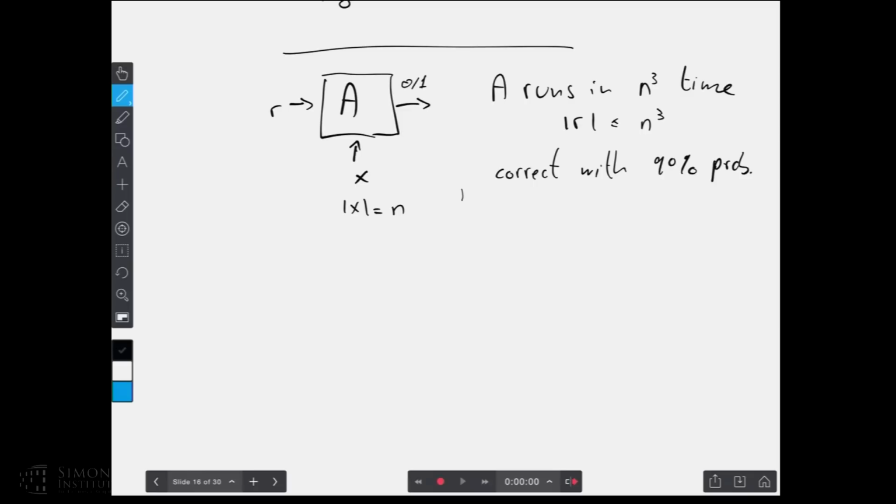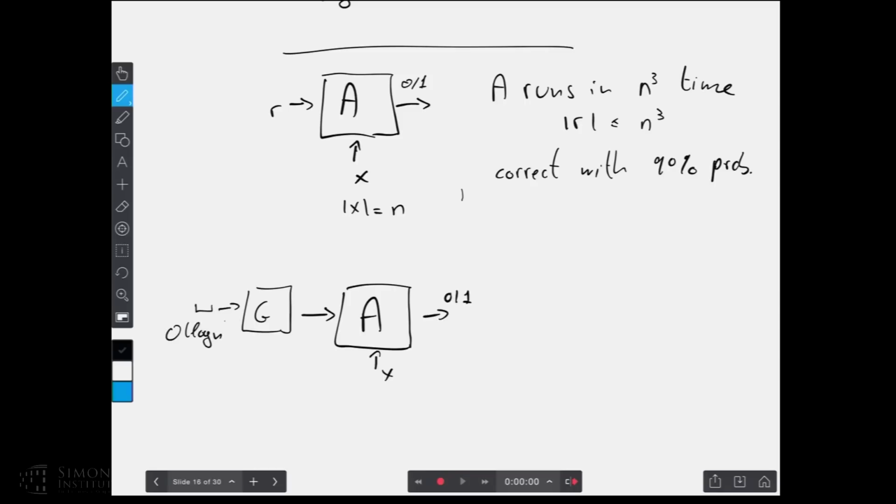The first step is to see that if I run the algorithm using as source of randomness not an actual sequence of random bits, but the output of the generator, I want to claim the algorithm is still 80% probability correct. Why?